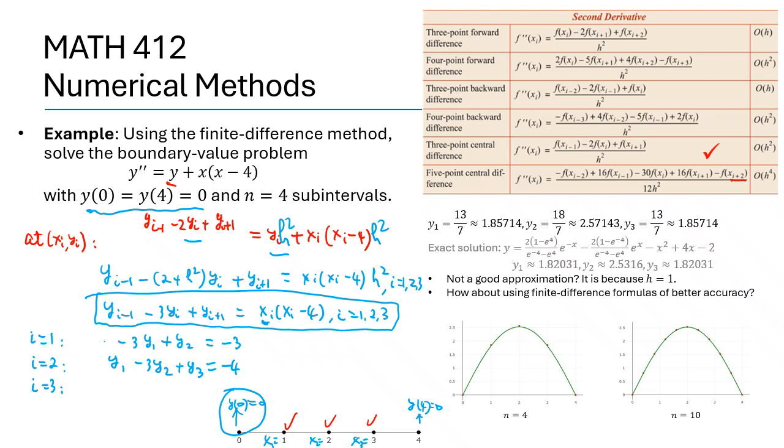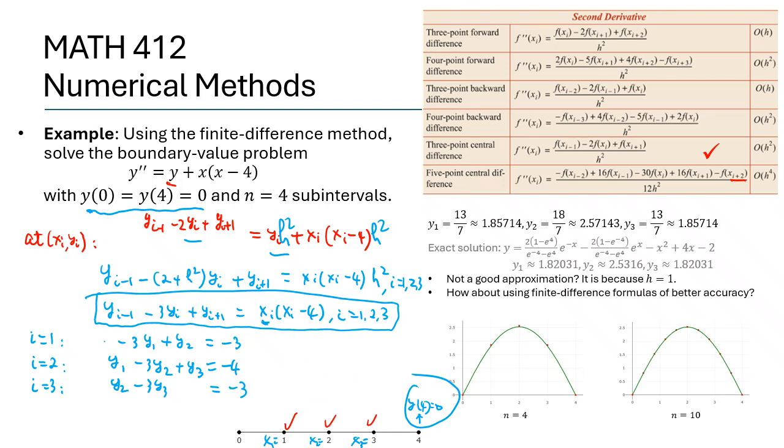Finally i is 3. When i is 3, you have y2 minus 3y3 plus y sub 4. Remember, y sub 4 is the right end point, and the condition given is 0. We applied the boundary condition. So x3 is 3, and 3 minus 4 is negative 3.